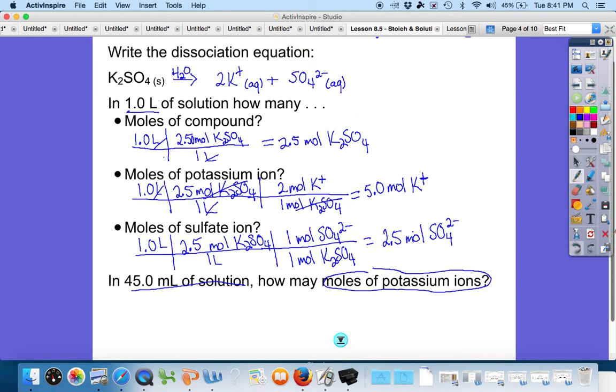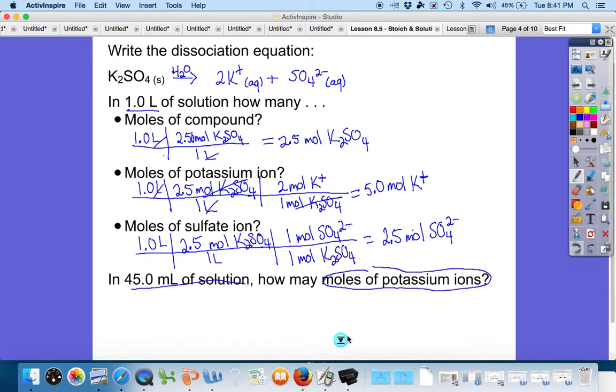Okay, so we're starting with 45 milliliters, which when we convert this to liters is going to be 0.045 liters. The moles per liter is still 2.5 moles of our compound.